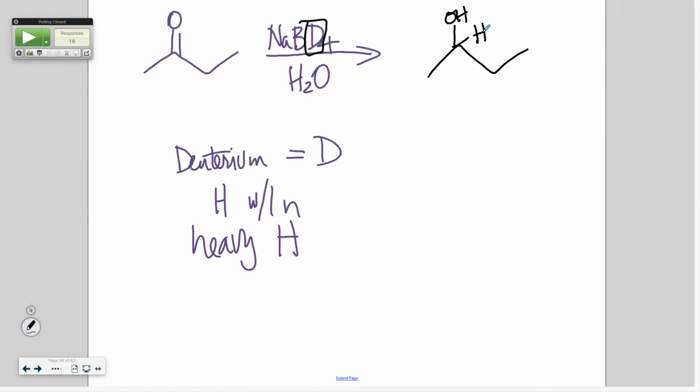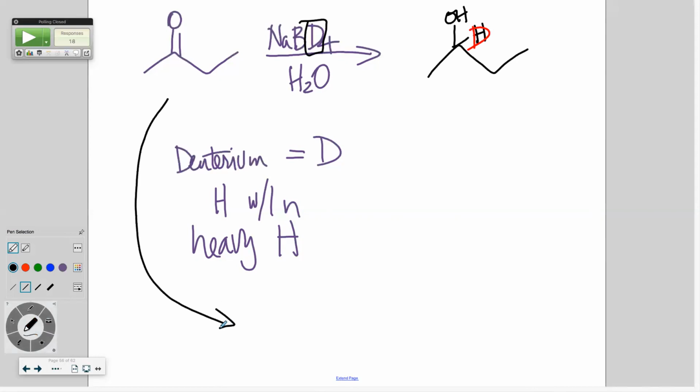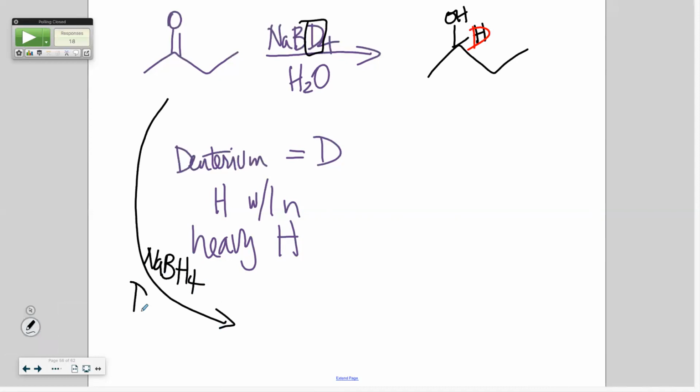Where does the deuterium end up in the product? You got a 50-50 on the carbon. It's going to be right here is where the D is. Okay, look here. What if I used NaBH4 and instead of using water, I used D2O? What would I get?